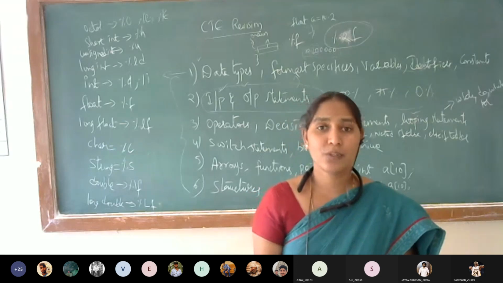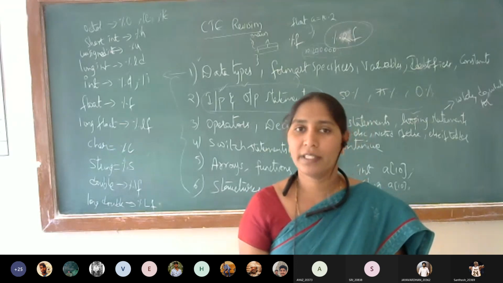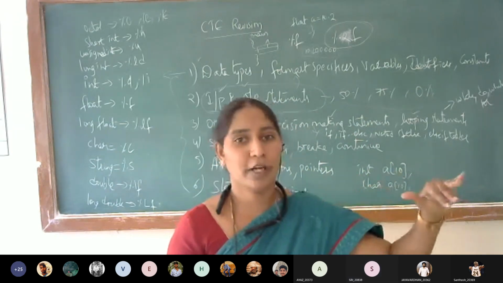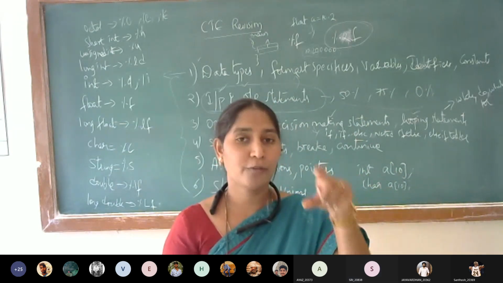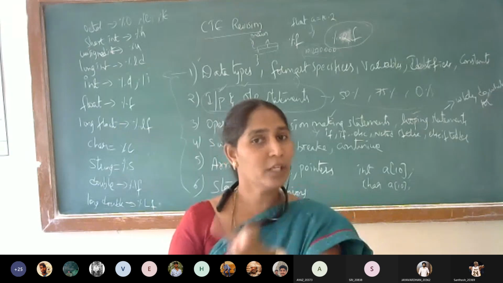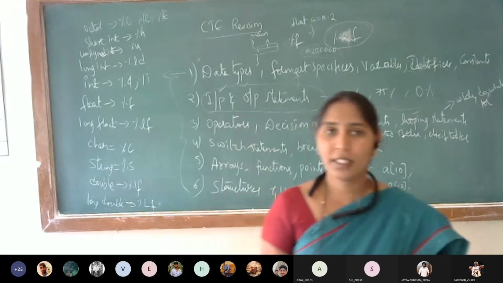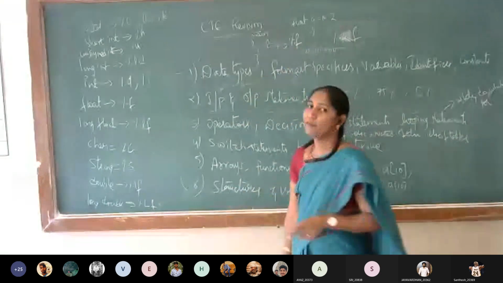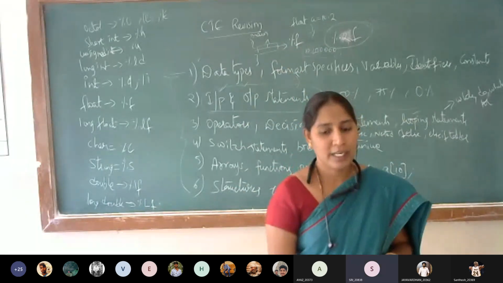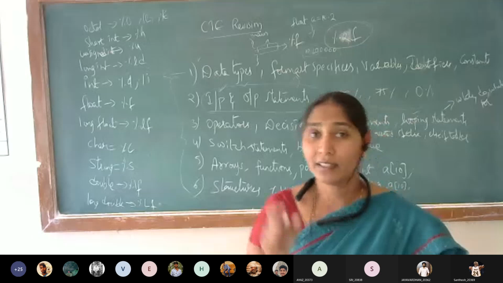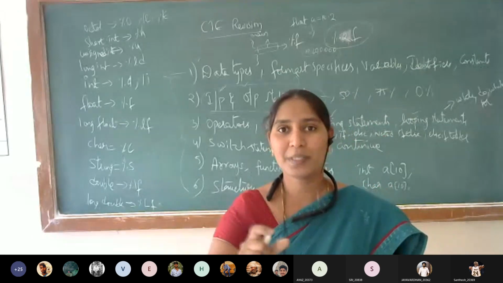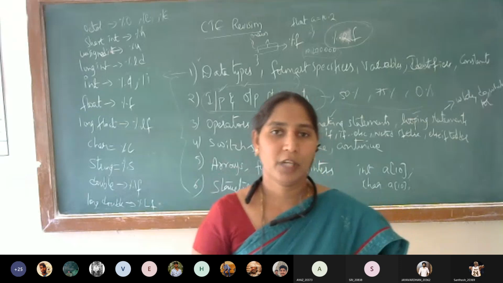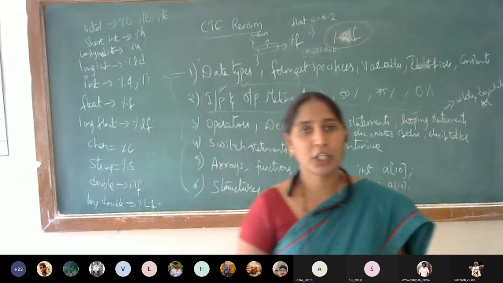In order to erase those outputs, we make use of the clear screen function. Then only the output of your program will be displayed on your output screen. So the clear screen function should be specified between the declaration part and the executable part.